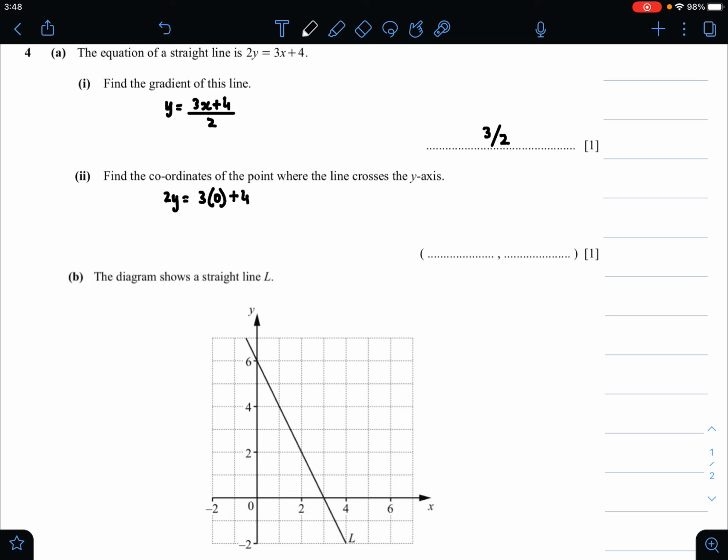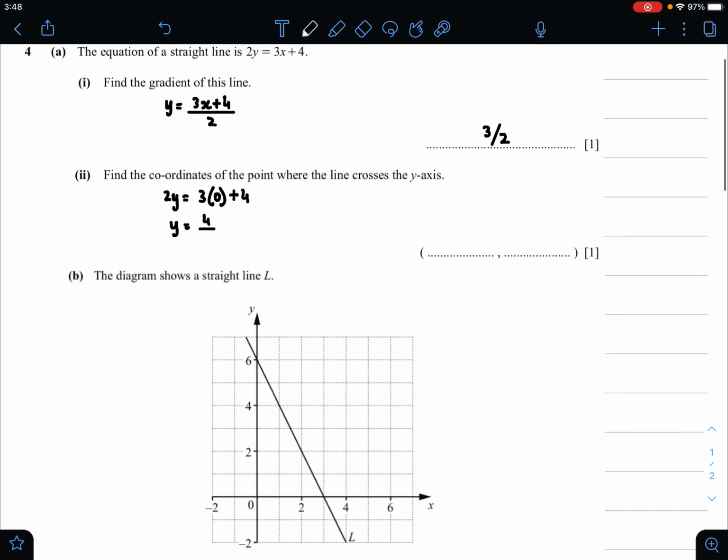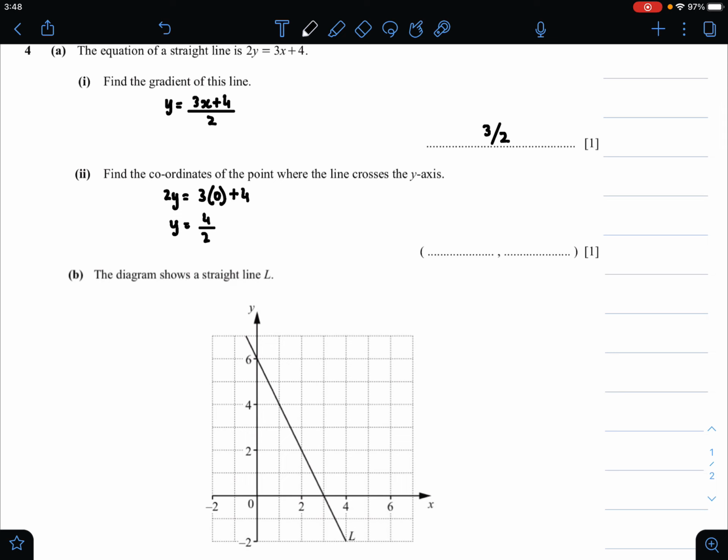Let's take 2 to the other side of the equation. So y is equal to 4 divided by 2, because 3 times 0 is 0, so 0 plus 4 is equal to 4. Therefore y will be equal to 2, and therefore your coordinate of the point where the line crosses the y-axis would be 0, 2.